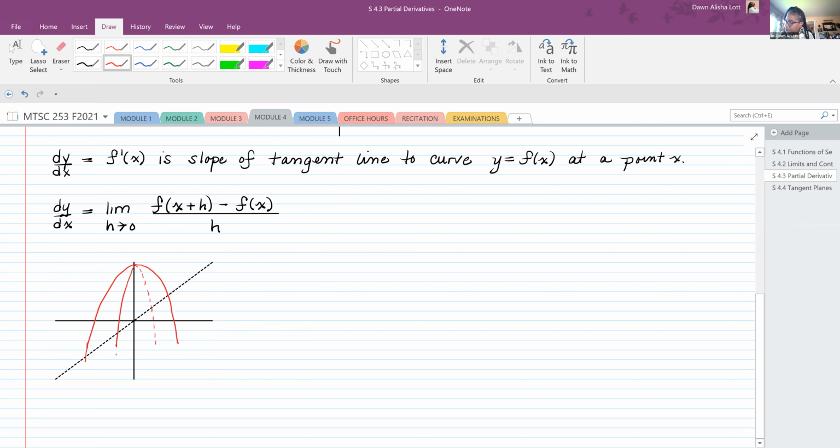But at any point x, y, I can go up here, and now if I slice this thing, I can find the slope in the x direction.